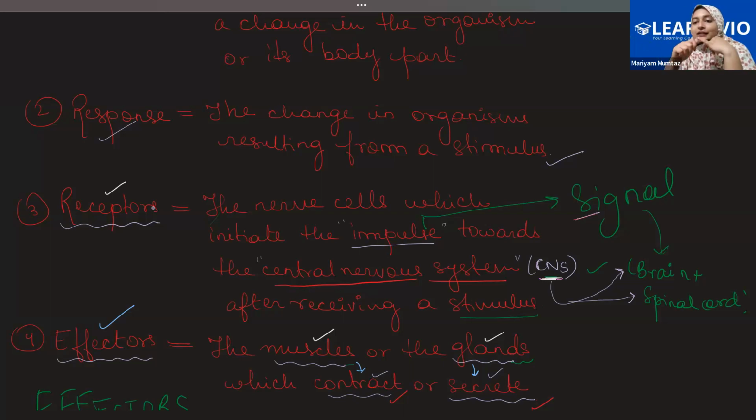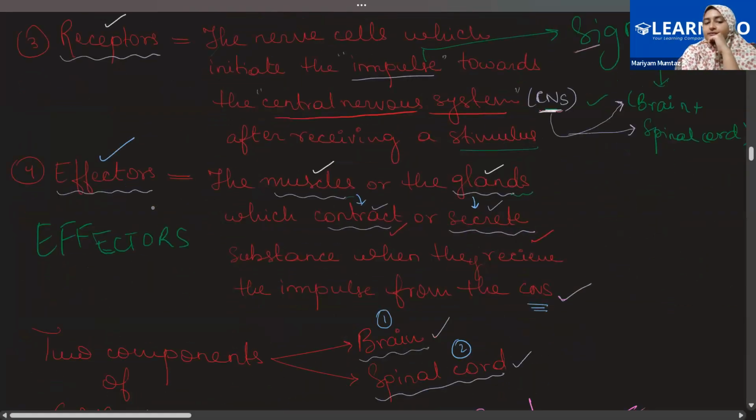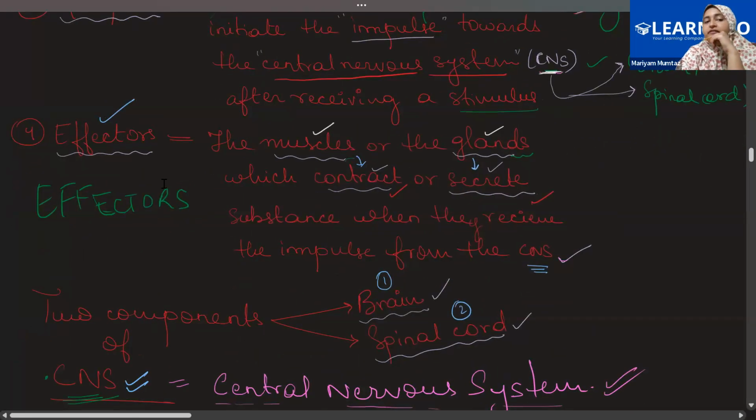Either being angry or being confused or any such reaction produced by you is happening because the receptors were there in your body, and as soon as the stimulus was received, the receptors initiated a signal, and the signal was sent to the central nervous system for evaluation. Now after that, there come the effectors.